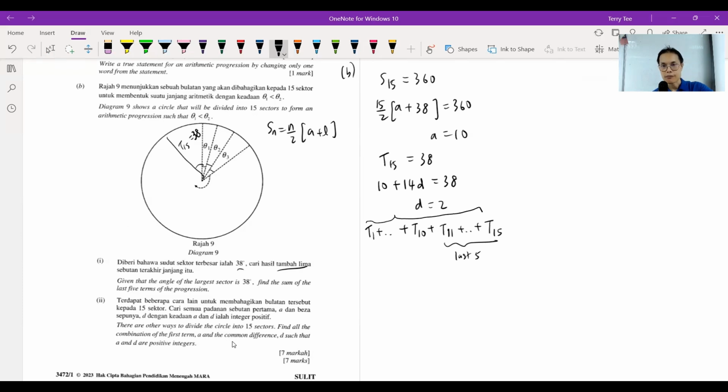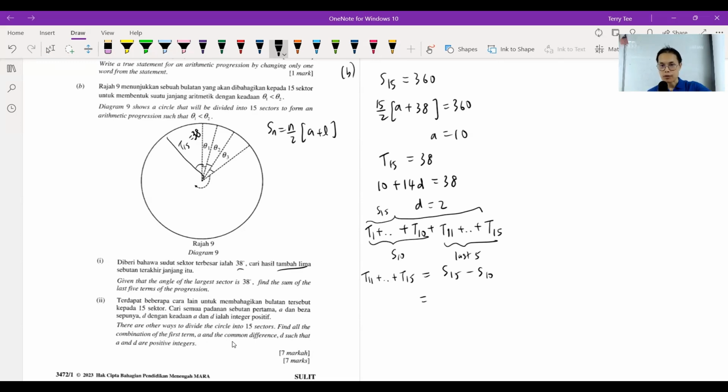This is the first 15 and this is your first 10. So to find the hasil tambah 5 sebutan terakhir, that is T11 to T15, we use S15 minus S10. But for S15, no need to count because S15 is this 360.